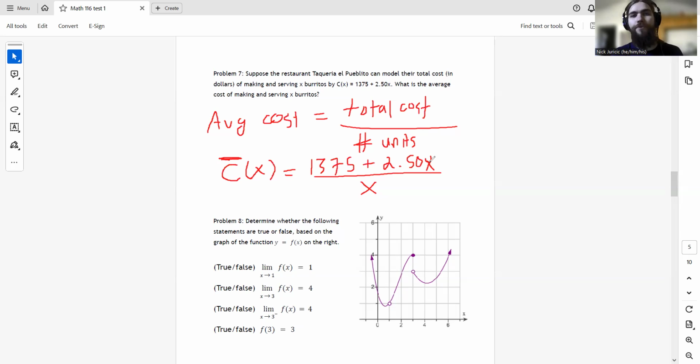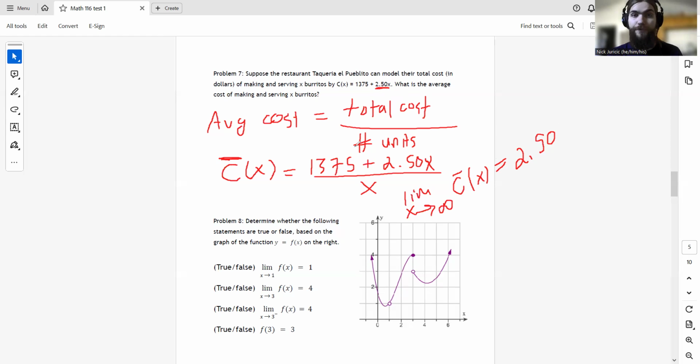But as you start to make more and more burritos, the average cost starts to drop off, since we're dividing by X. And something that is interesting for calculus purposes, even though it wasn't asked for in this question, is that the limit as X approaches infinity of the average cost is going to be equal to 2.50, which is the same as the marginal cost of making and serving a burrito, really.